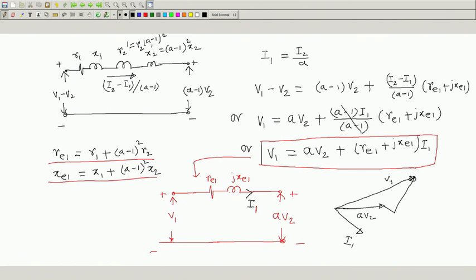So, this is how the equivalent circuit of an auto transformer can be drawn or obtained, and to do that there are several other treatments.